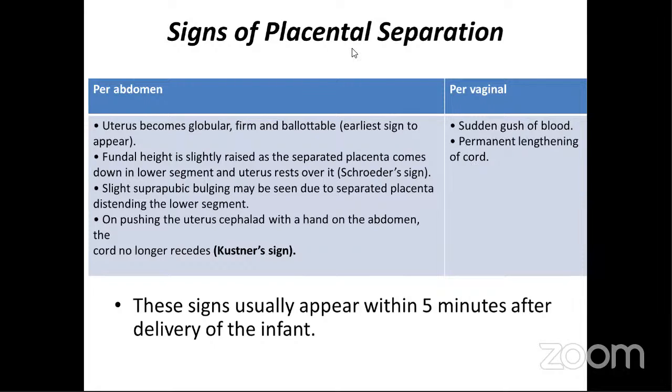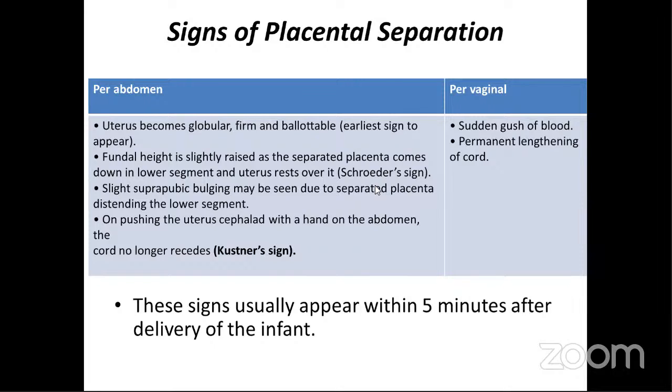And whenever there is a separation of the placenta and a lengthening of the cord, you can actually see that the clamp is moving along with the cord downwards. So that's how you identify the actual lengthening of the cord and the placental separation, and then you attempt to deliver it properly. So this is very important to understand, especially in the practice of a normal delivery. Is it clear to all of you?